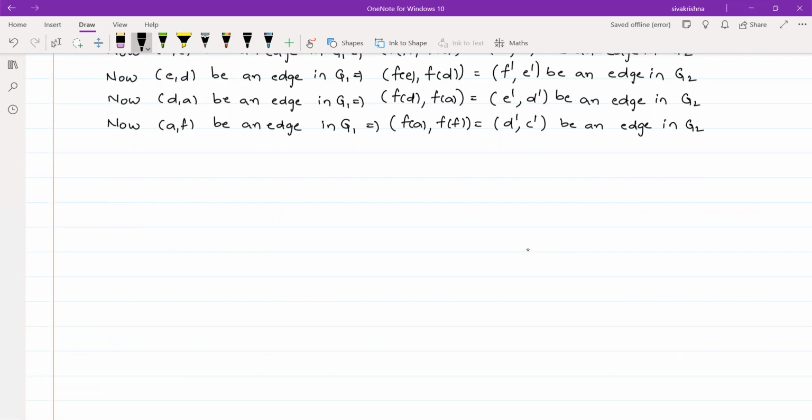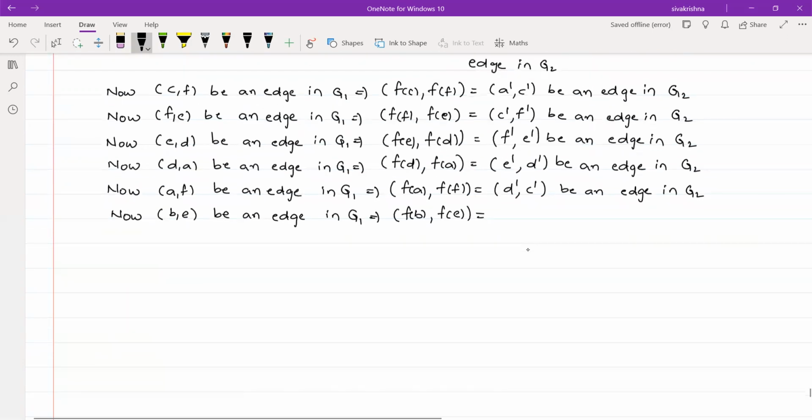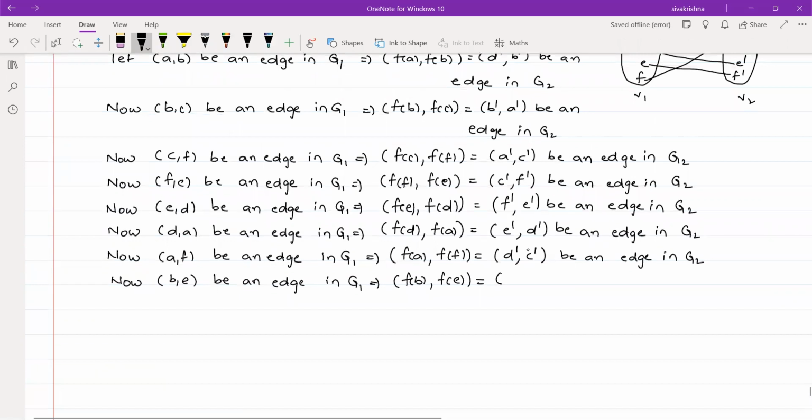So we have to select one more edge in graph 1. Now I am selecting the edge B comma E. B comma E is an edge in graph 1. This implies f of B comma f of E must be an edge in graph 2. So we have selected the image of B as B dash and the image of E as F dash.